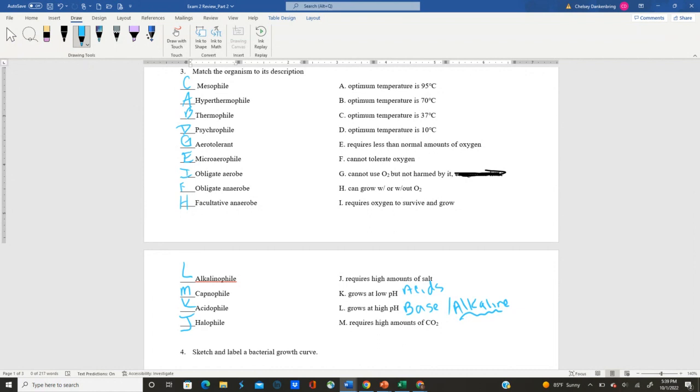So microaerophiles need small amounts of oxygen, and by default, they normally prefer large amounts of carbon dioxide, because a lot of times those go hand in hand, like they're inversely related. So if something needs a little bit of oxygen, it probably needs more than normal carbon dioxide, and vice versa. So something that's classified as a microaerophile is typically also classified as a capnophile.